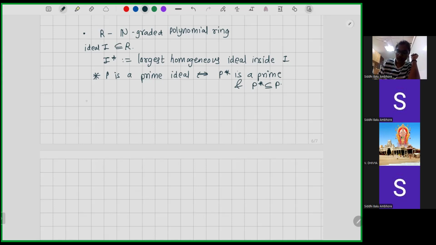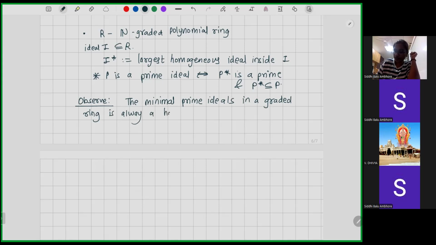So using these two things, we can observe that the minimal prime ideal in a graded ring is always a homogeneous ideal.